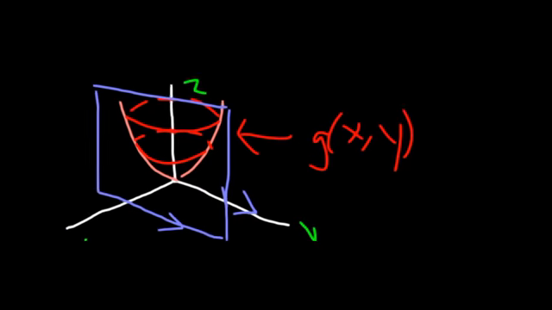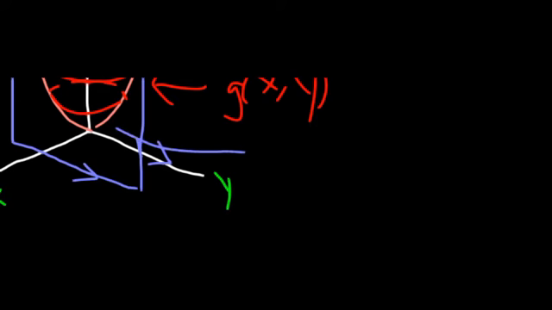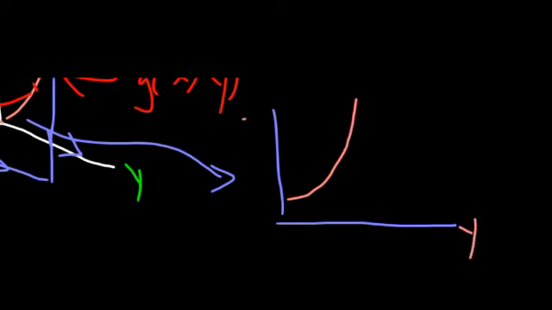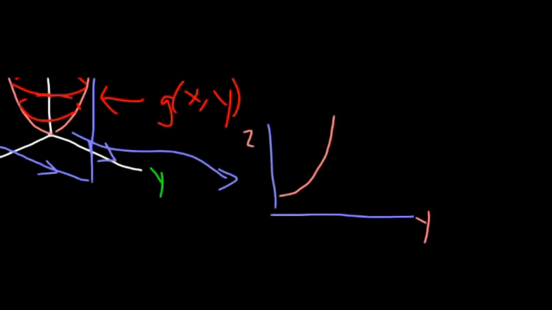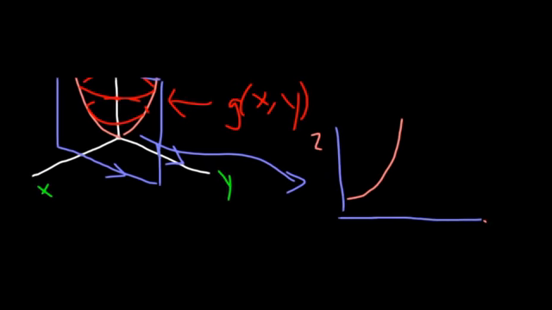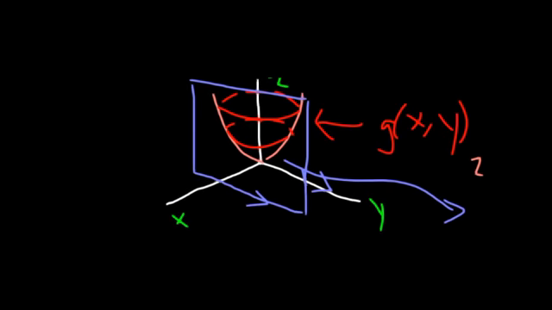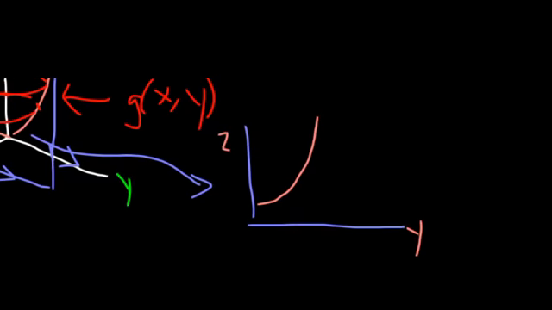So if we zoom in, the slope may look something like this. This is the y and the z axis. So what is a partial derivative?